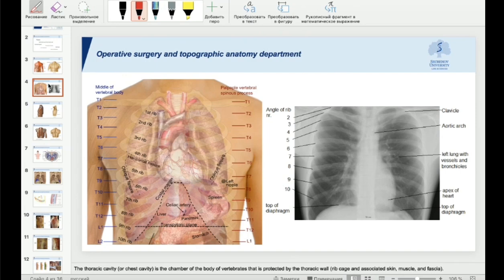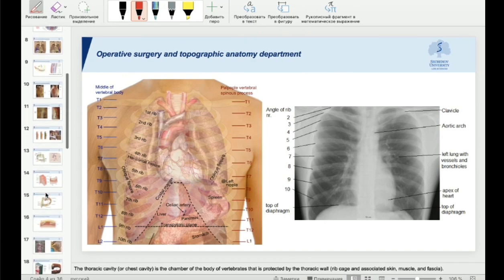So the most dangerous for the question of pectoral phlegmon will be the lateral thoracic artery. Via this artery, the inflammation will go upward to the axillary fossa, to the subclavian region, and so on, upward to the projection of the head.